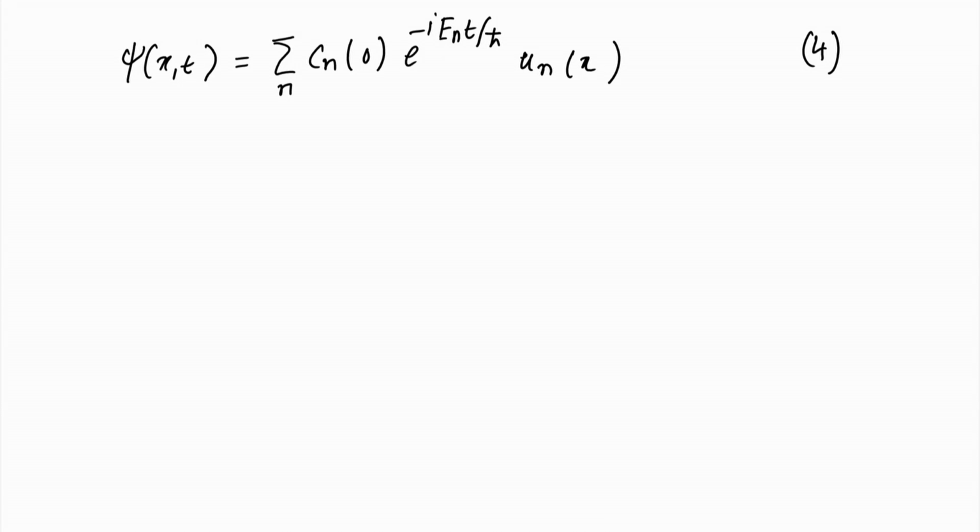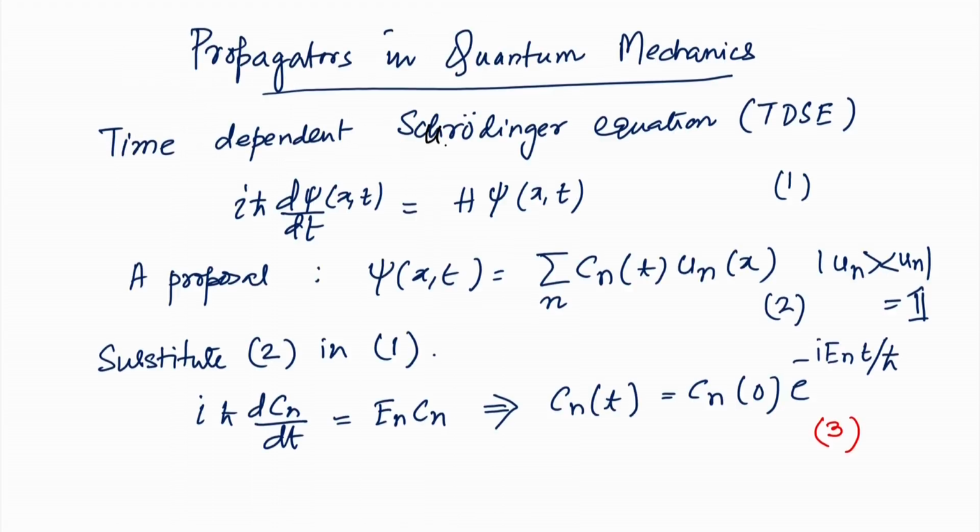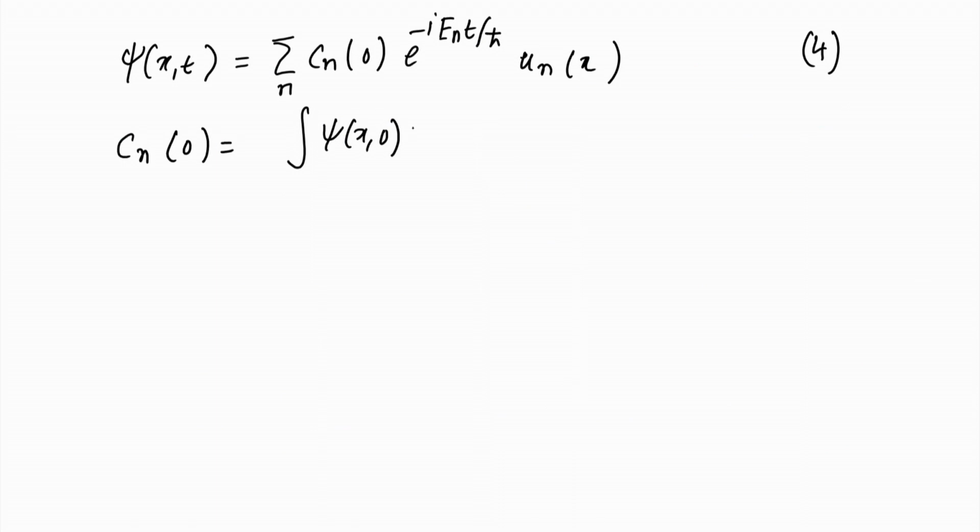By that what I mean is that C n 0 is actually found from the inner product of psi x 0 and u n star x d x. In the modern bracket notation, this can be written as u n, psi at x 0.